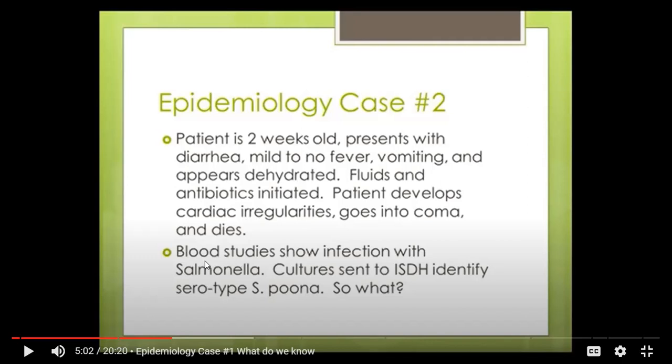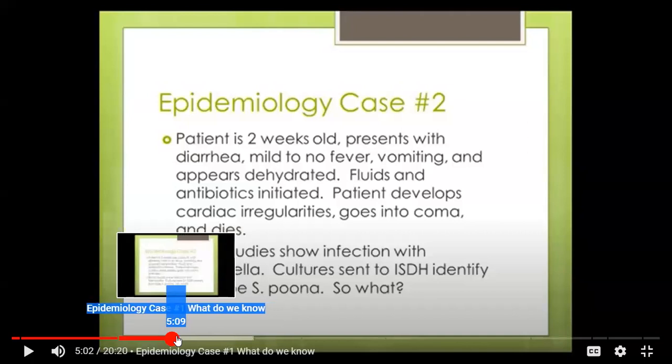Salmonella is one of the most important organisms that can cause diarrhea. But Salmonella has several types. Here the culture identification shows the subtype is Salmonella puna, another subtype that can cause this condition for the patient.